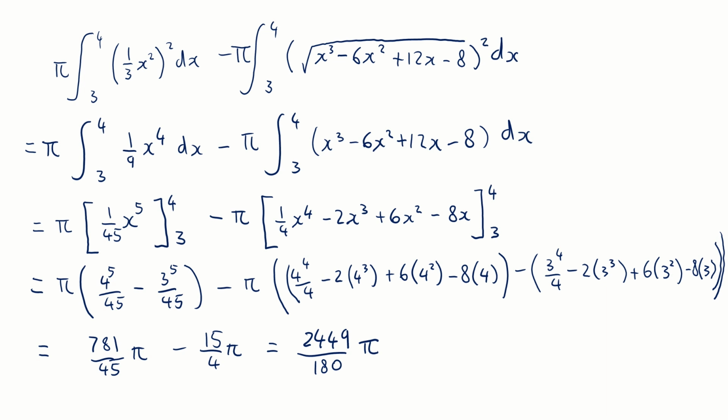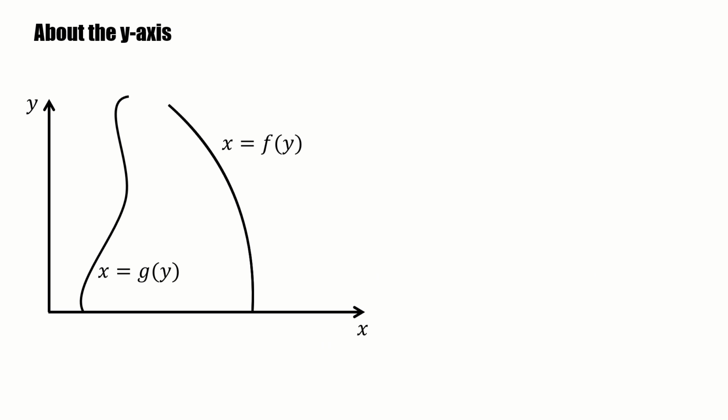But then dealing with a few other little details I want to mention. First of all, what happens if we're doing volumes of revolution between two curves but rotated about the y-axis? Well, you might have noticed before, when I was talking about volumes of revolution between two curves about the x-axis, I was using this idea of the volumes of revolution with the curve on the top minus the volumes of revolution caused by the curve on the bottom.